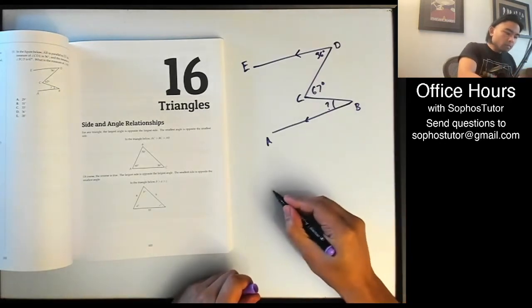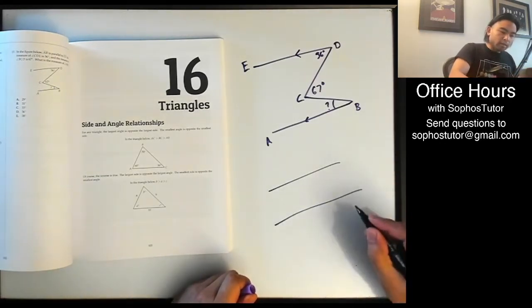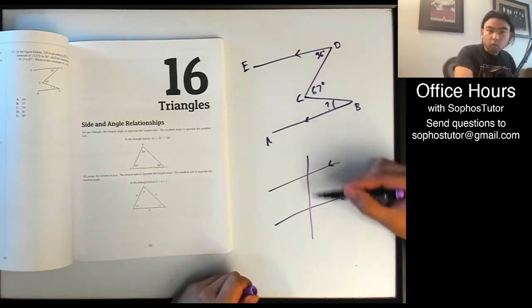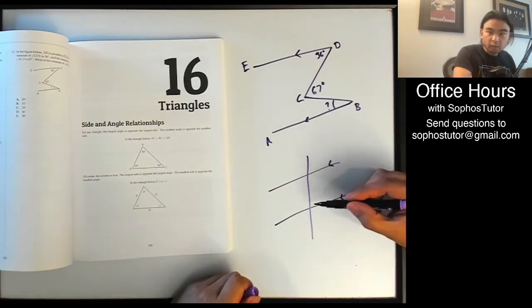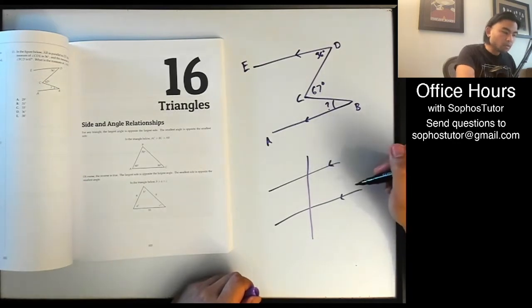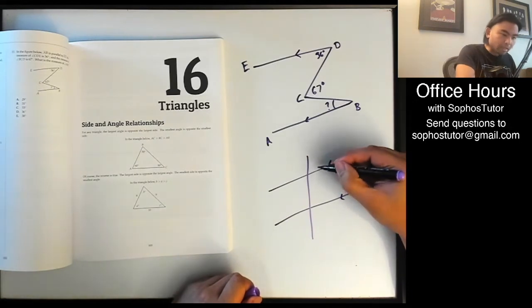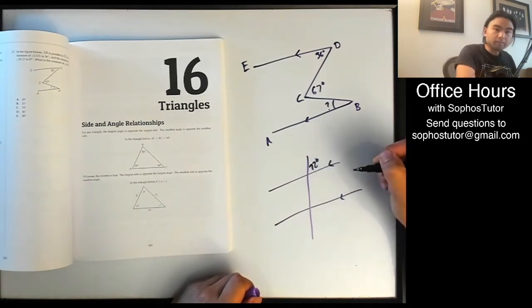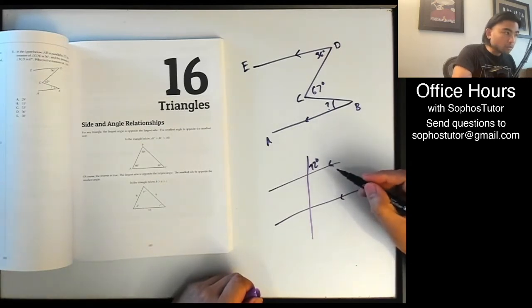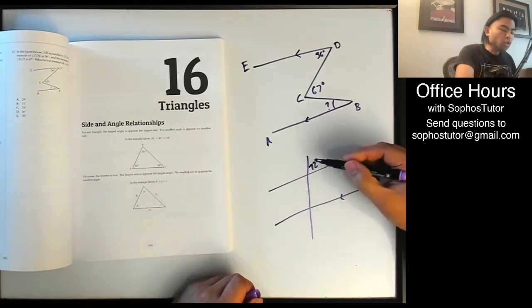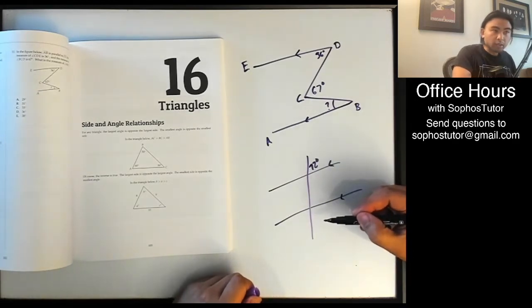So if we go back and look at a more typical figure involving parallel lines, and this line that crosses two parallel lines, we call that a transversal. Whenever we know one angle, let's say this is 72 degrees, what's great about parallel lines is that one transversal will essentially create duplicate intersections.